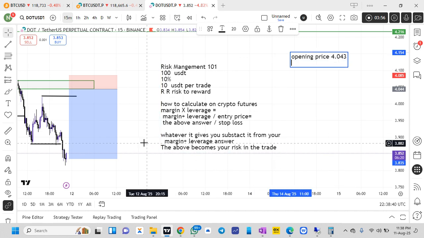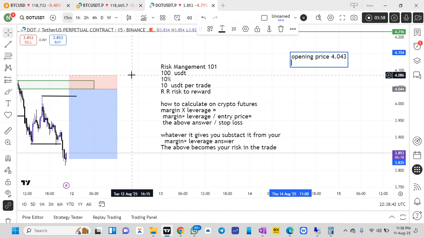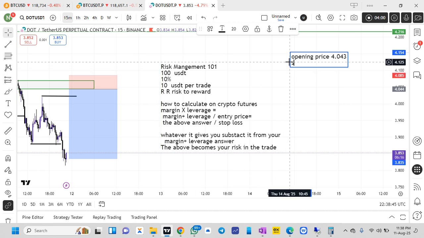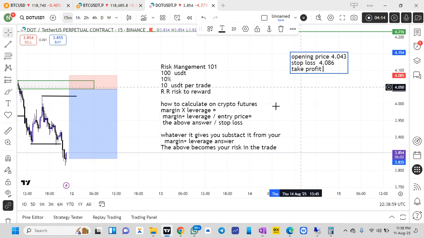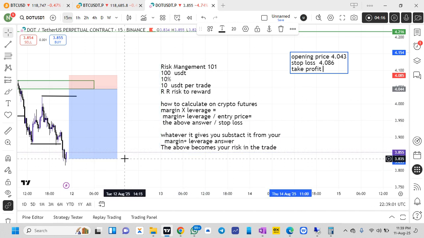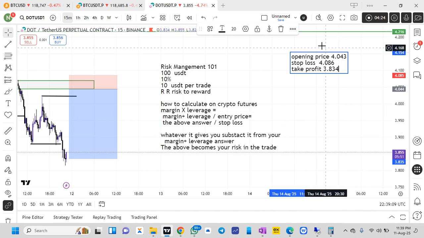Then our stop loss is 4.086. Now I also want to know what our take profit will be. The take profit in this case is 3.834. So this is more like a sell market. We are selling.